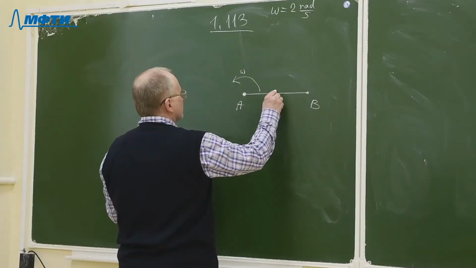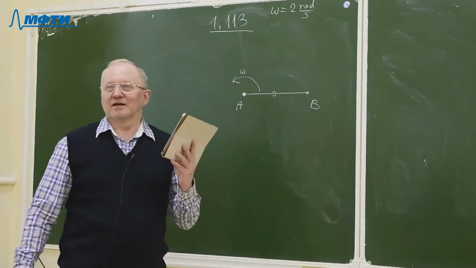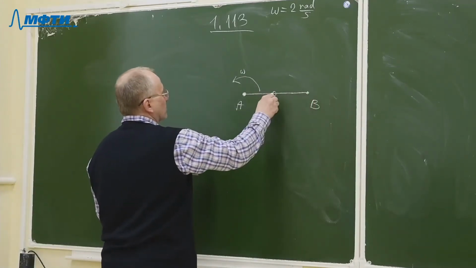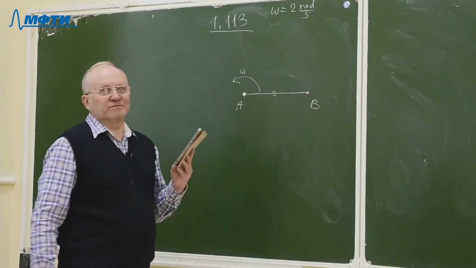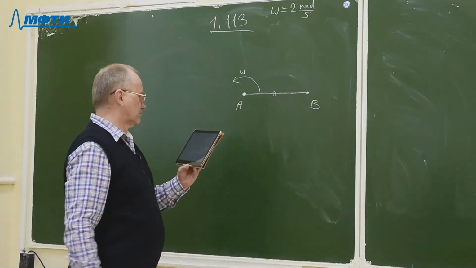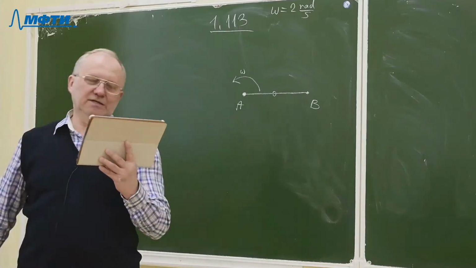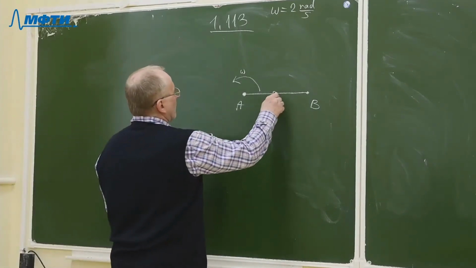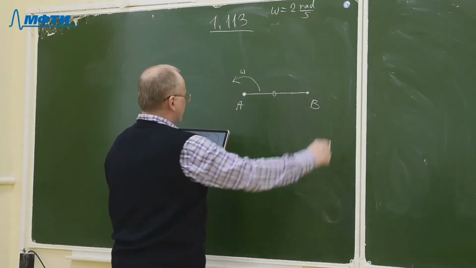You may imagine the sleeve as a small ring which is on this rod, and this small ring can slide without friction along the rod. You may call it a sleeve or a small ring which is on this rod. It can slide without friction.